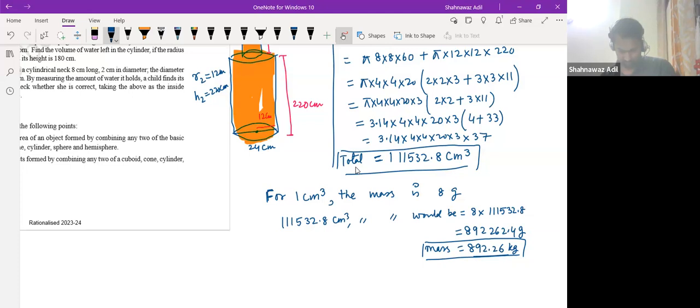Sir, I also got the same one. Good. Then this is correct, because I have very little confidence in my calculation regarding surface area, volumes and the area electrics. So I always check. So 892 point.